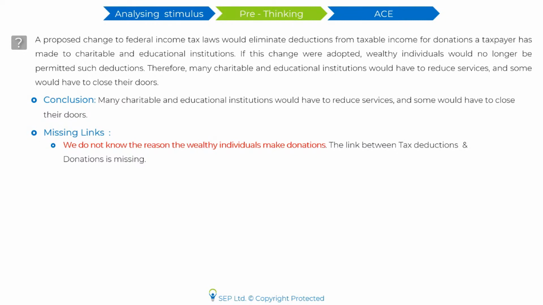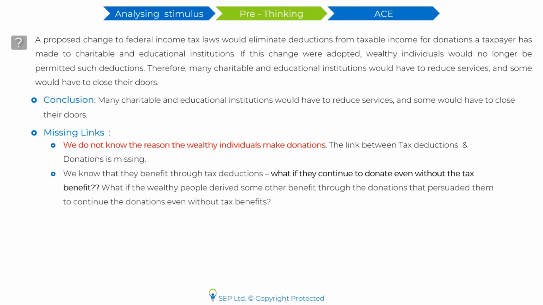So the link between tax deduction and donations is missing. We know that they benefit through tax deduction. What if they continue to donate even without the tax benefit? In that case, even if they don't get the deduction, they will still donate and educational institutions will still get the money and not shut down.